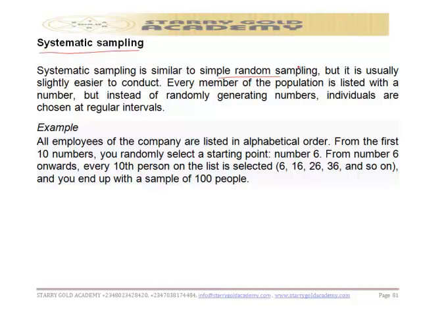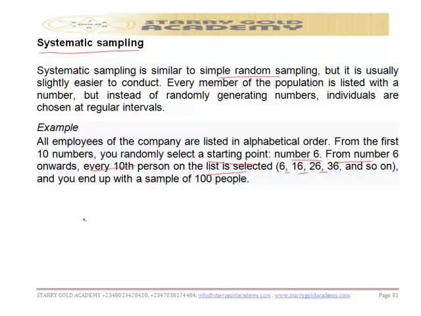For example, all employees of the company are listed in alphabetical order. The first 10 employees are considered, and one is randomly selected as a starting point, say number 6. From number 6 onward, every 10th person on the list is selected: 6, 16, 26, and so on until you get your 100.